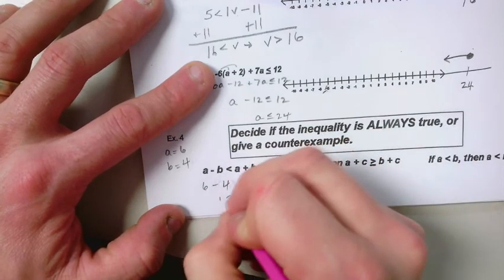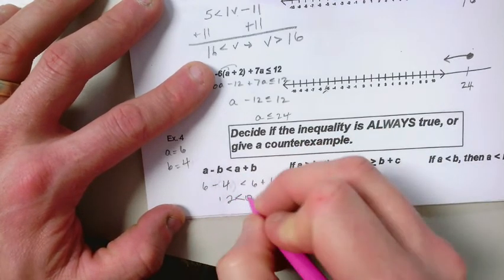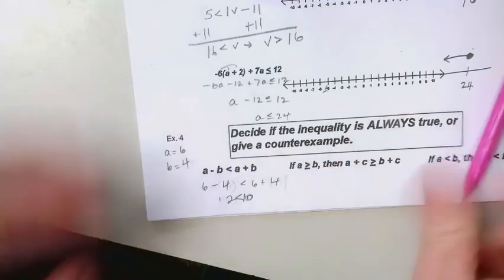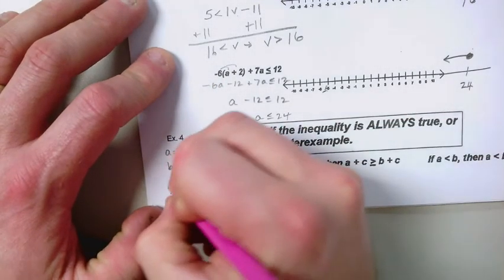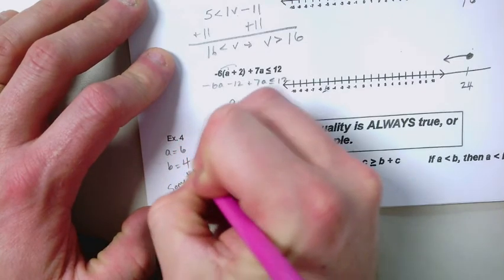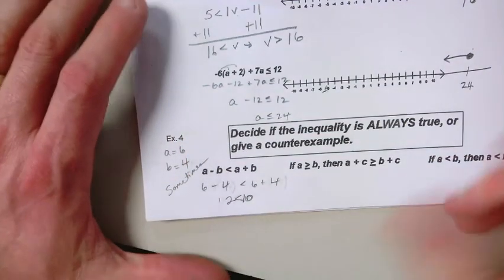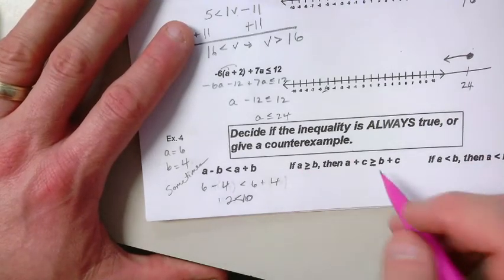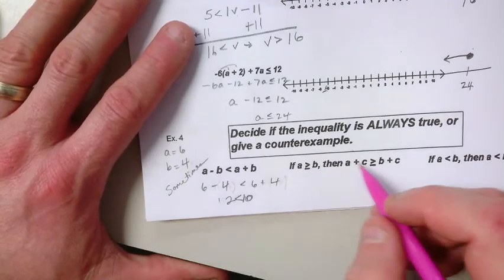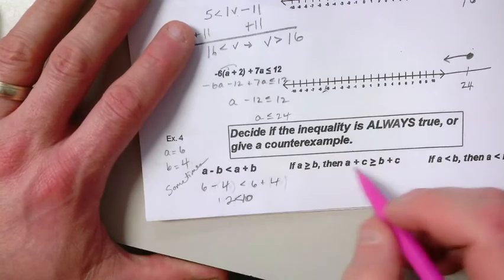So 6 minus 4 is 2. 2 is less than 10. And we've got something working here. So I'm going to put down that this is sometimes true. Okay, sometimes true. A has to be bigger than or equal to B. So probably going to put always true here.